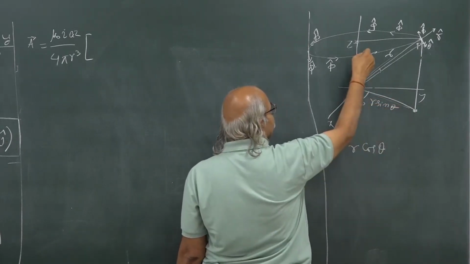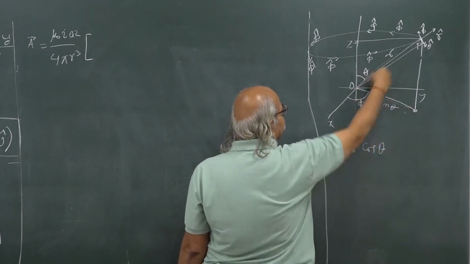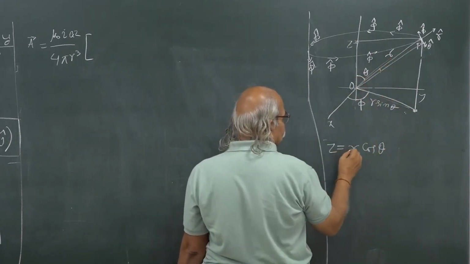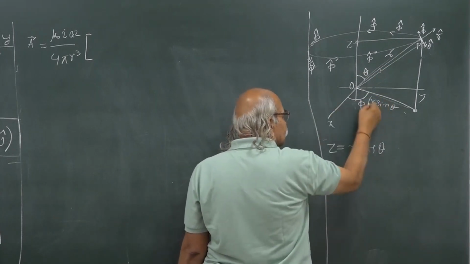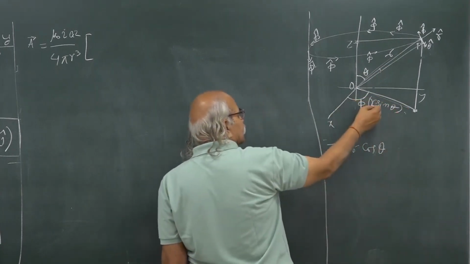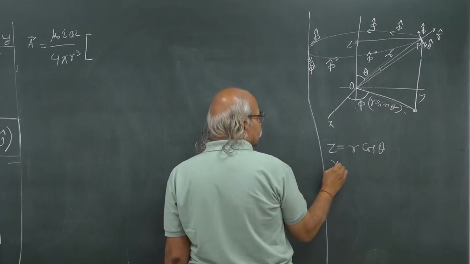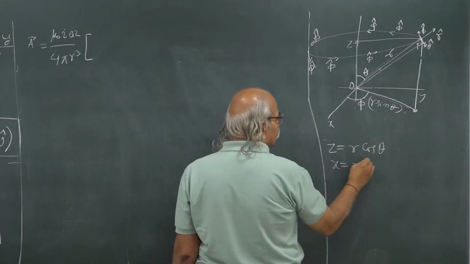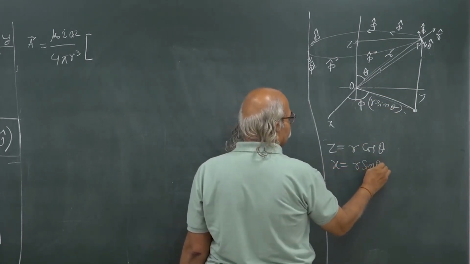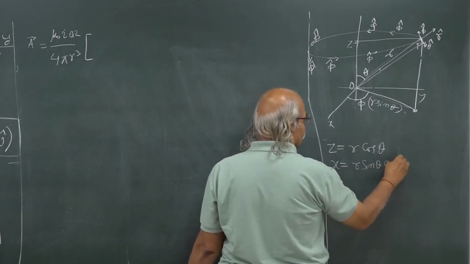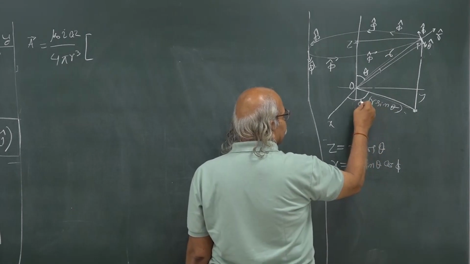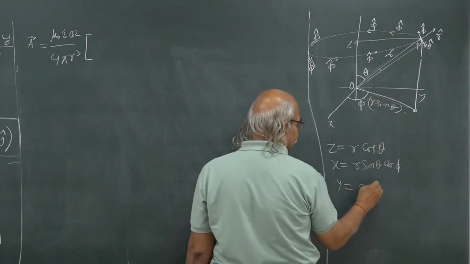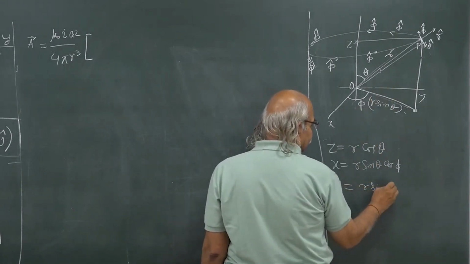The resultant is r. And x component will be this multiplied by cos phi, so x coordinate will be r sin theta cos phi, and y coordinate will be r sin theta sin phi.